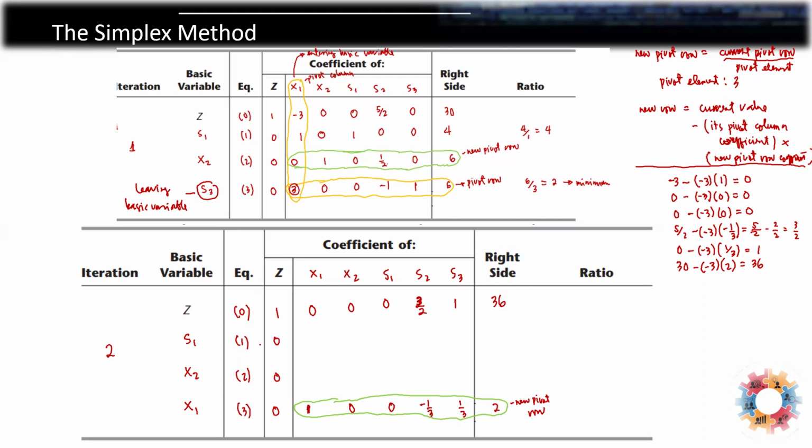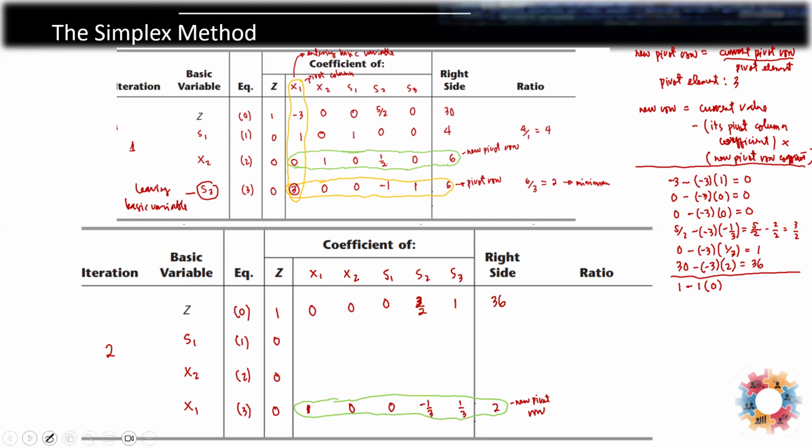And then the second row will be, so the entry here is 1 minus the pivot column coefficient is 1, right? Times 1 here. Sorry, that's not 0.